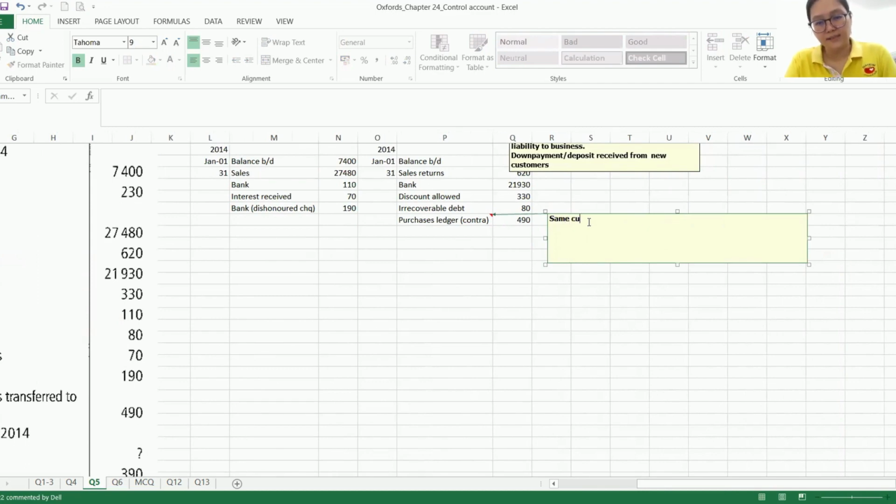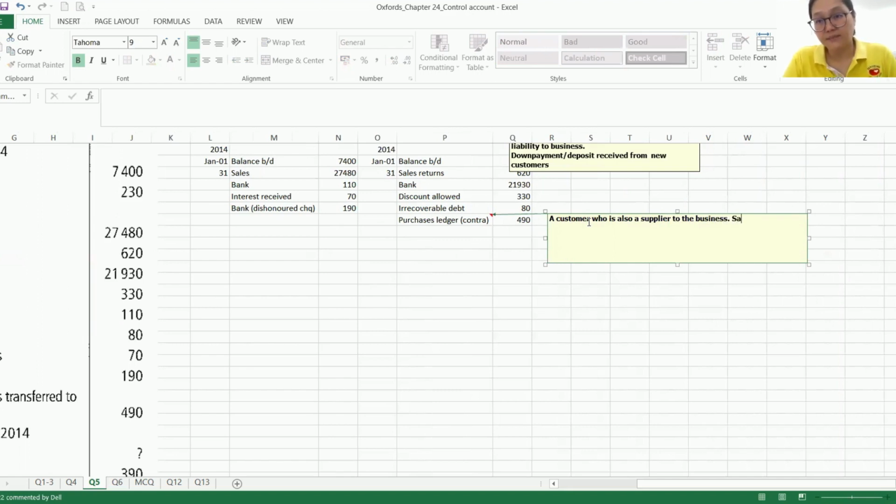Same customer, a customer who is also a supplier to the business.